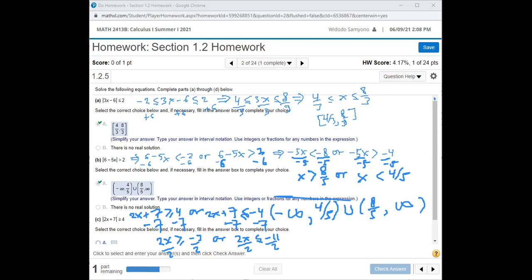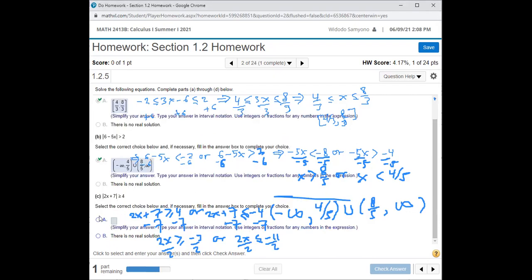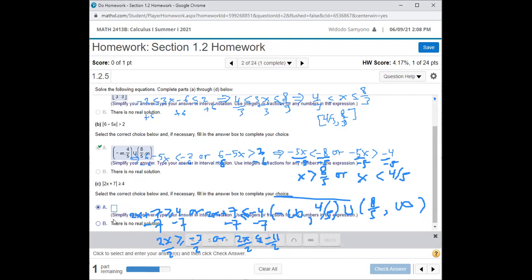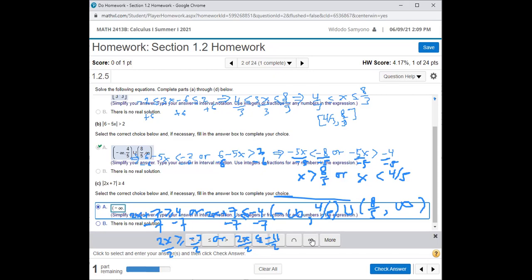So your answer here will be: x would equal, oh, the parenthesis was right, negative infinity, comma, and is it the negative 11/2?